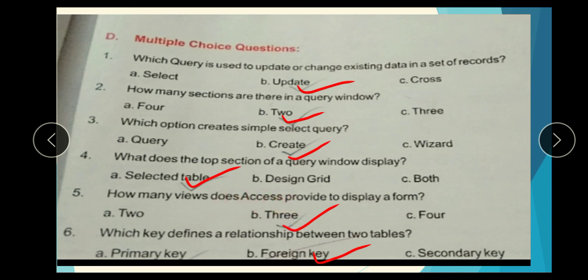Question number 6. Which key defines a relationship between two tables? Primary key, foreign key and secondary key. The correct option is foreign key, because the first table has a unique key, which is called primary key, and the second table has the same column name, which is called foreign key.